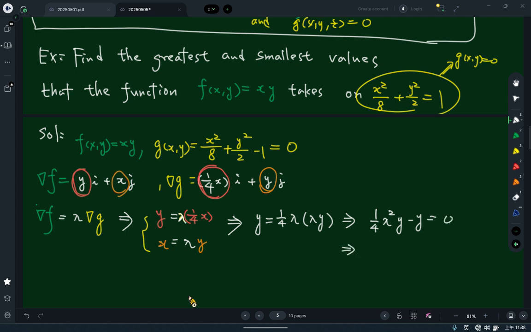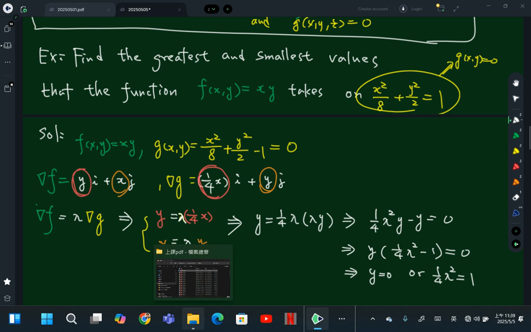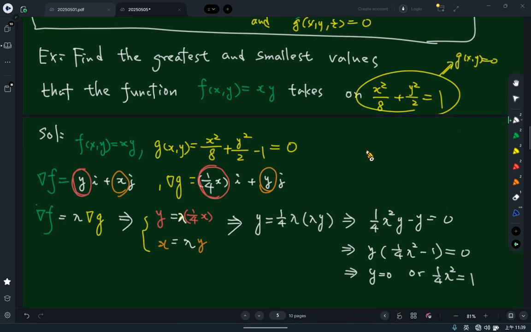So that we can have y times (1 over 4 lambda square minus 1) is 0. Then we can get y is equal to 0, or 1 over 4 lambda square is equal to 1. So finally, we have these two possibilities, right?